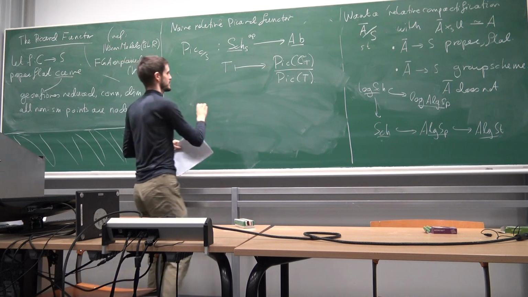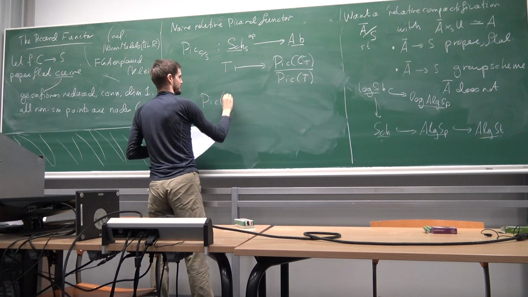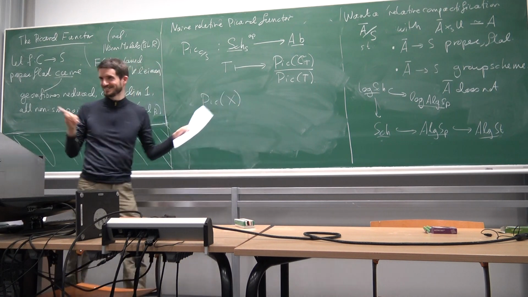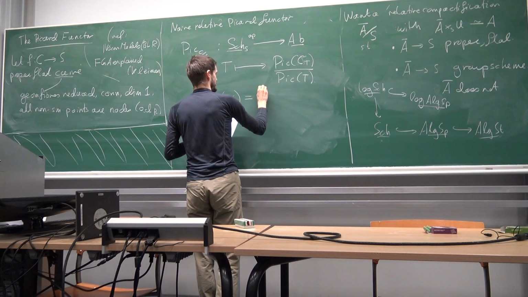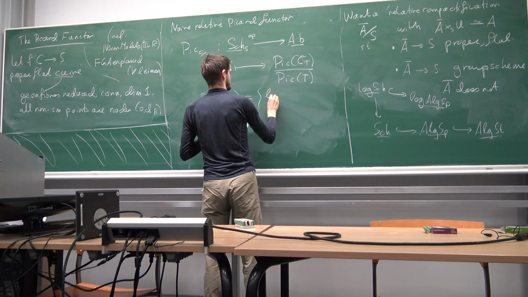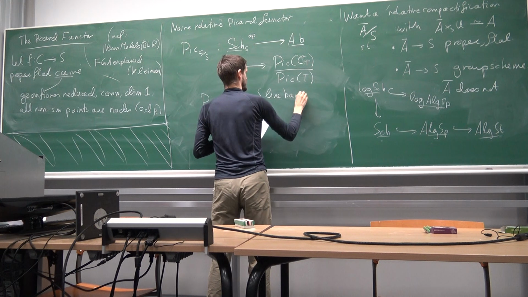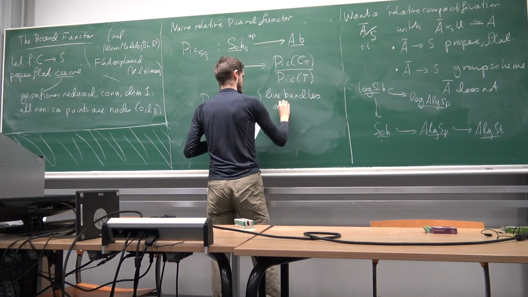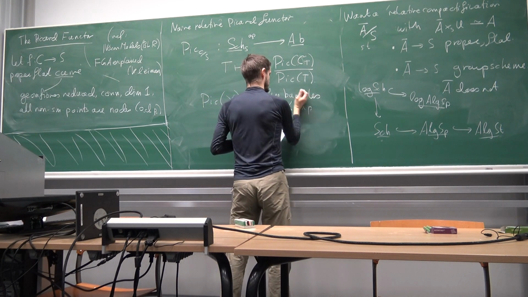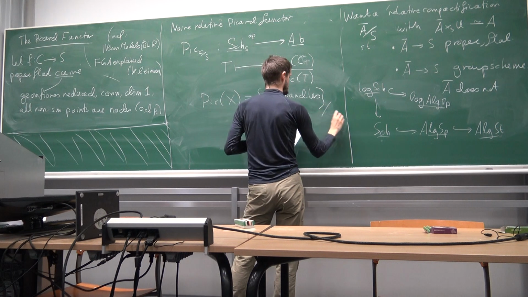I should say what these things mean. So general Pic of anything, which I could call X, is just the set or the abelian group of line bundles on X modulo isomorphism.